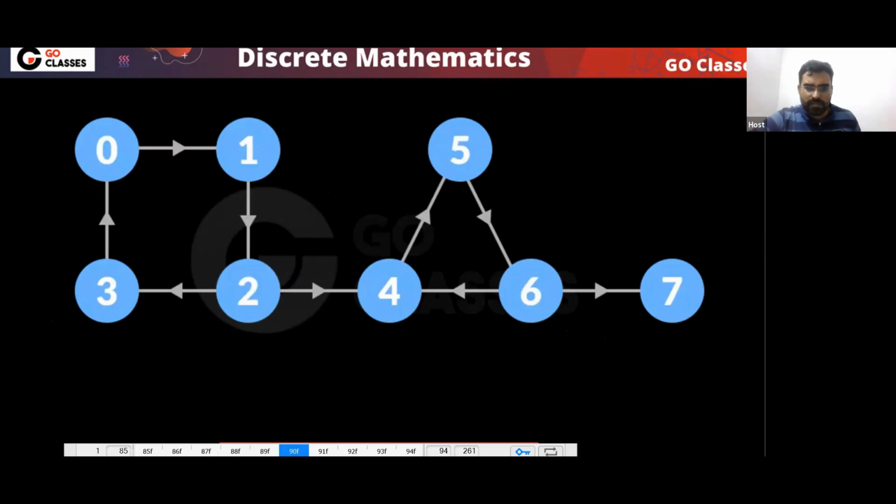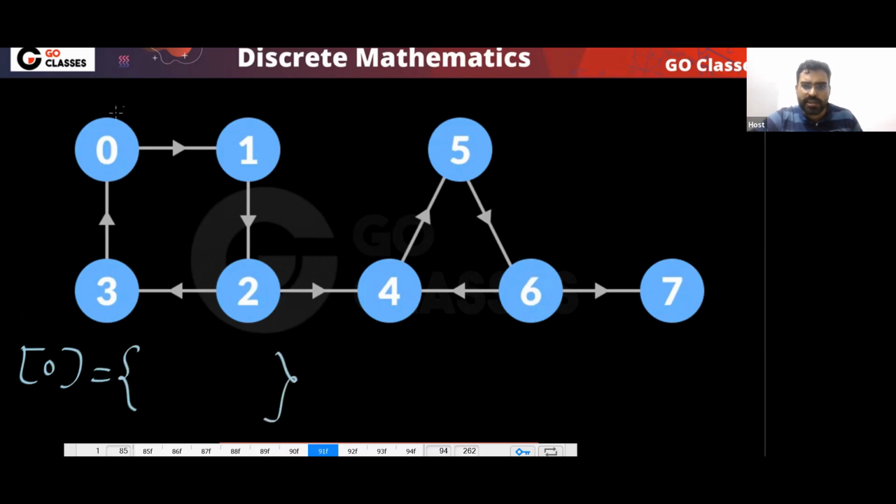Okay, let's see this question. First of all, tell me, is this a strongly connected graph? Find the number of strongly connected components. How to find? Go systematic. Don't go random, or you will make mistakes. Find the strongly connected component of 0.